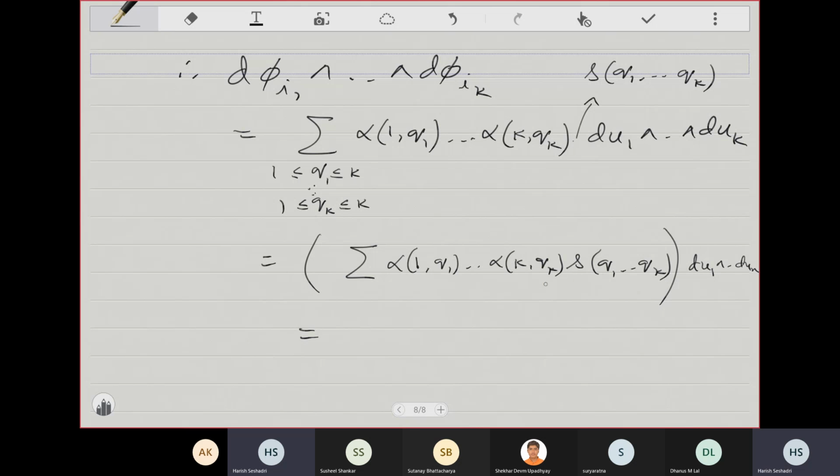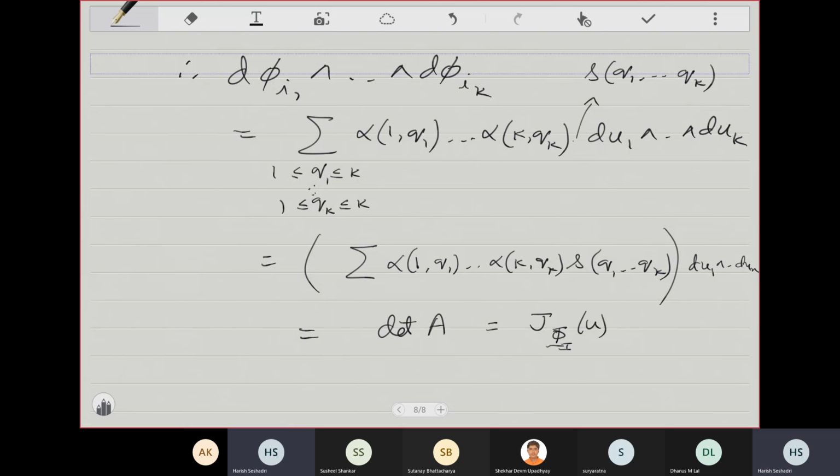This by definition is the determinant of A, the matrix A with entries alpha p q, which was d phi. So you're done.